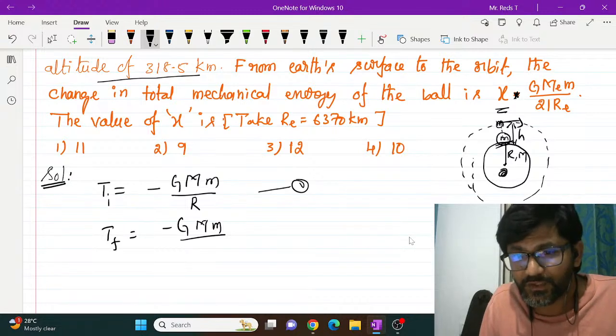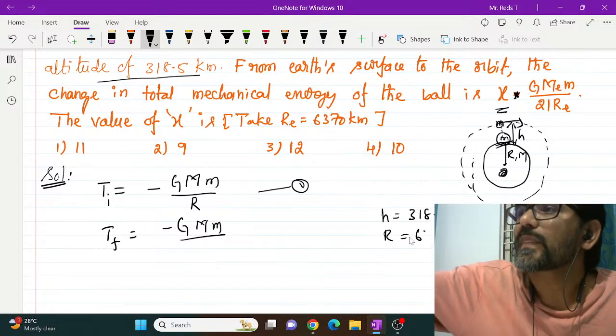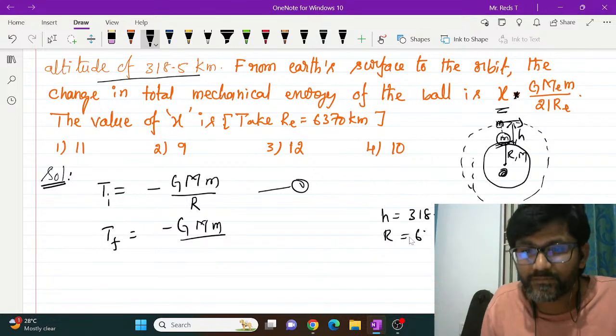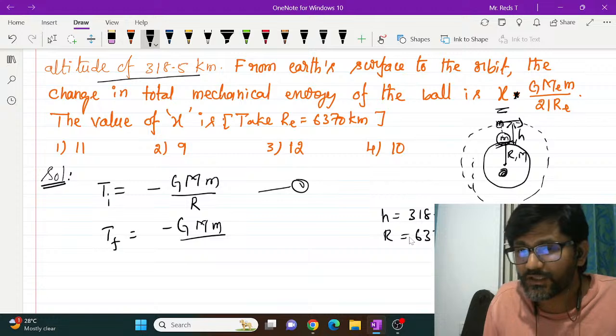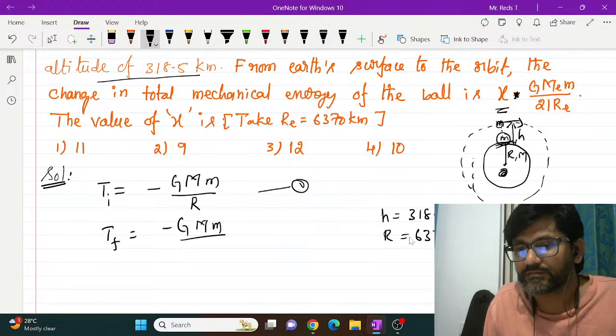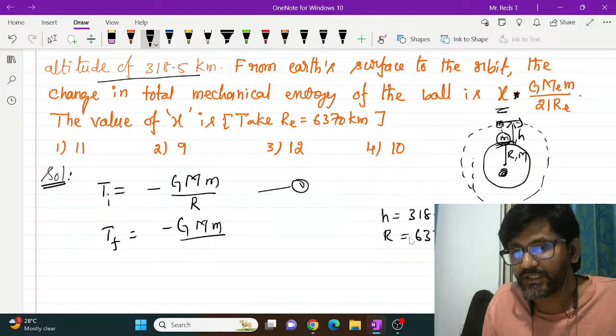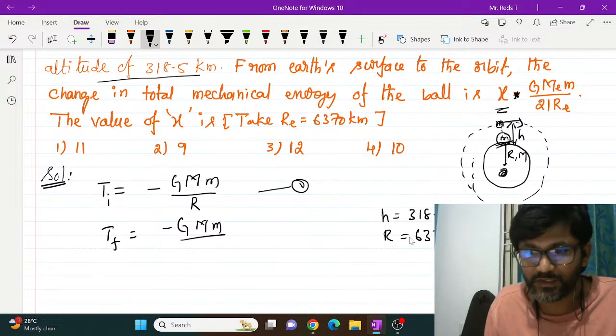For h equal to 318.5 kilometers, but the radius of Earth capital R is equal to 6,370 kilometers, so h can approximately be taken as R by 20. If you take 6,370 by 20, you will get approximately 318.5 kilometers. That is how you can take h is equal to R by 20, which you have to substitute in this particular case.